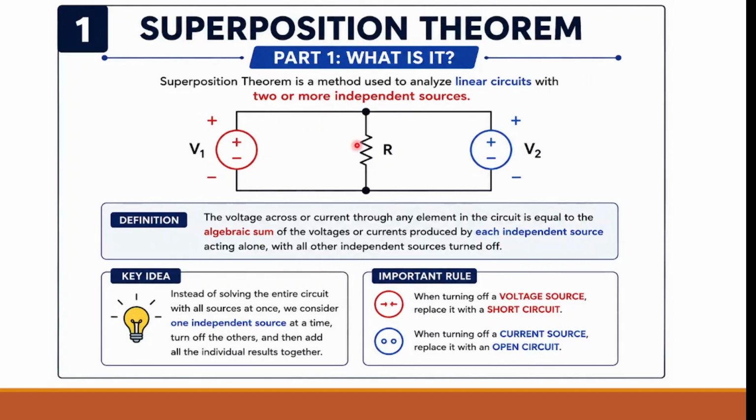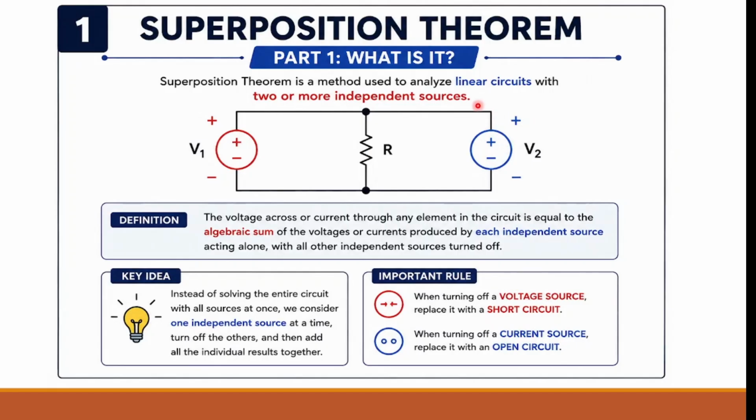So for instance, this is an example I used to illustrate this very easily. Let's say we want to calculate the current that flows through this resistor. What we are going to do is substitute V1. We calculate the current flowing through R1 based on the voltage source V2.